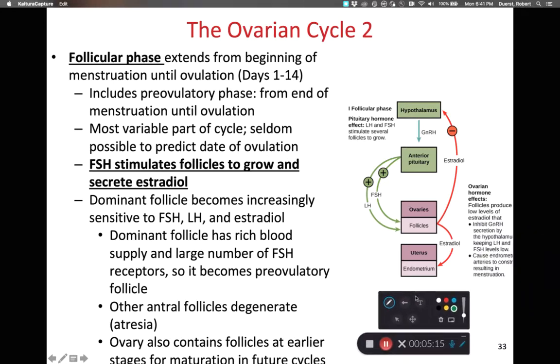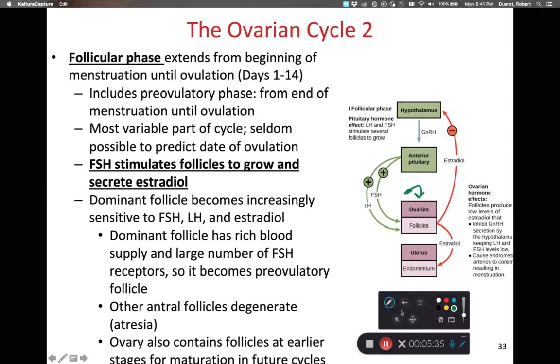So, we're going to camp on the next 3 slides for a while. Let's look at the follicular phase in detail. So that's the first 14 days. During the first 14 days, we are going to have relatively low concentrations of estradiol being released from the follicle of the ovary. So here's the organ.